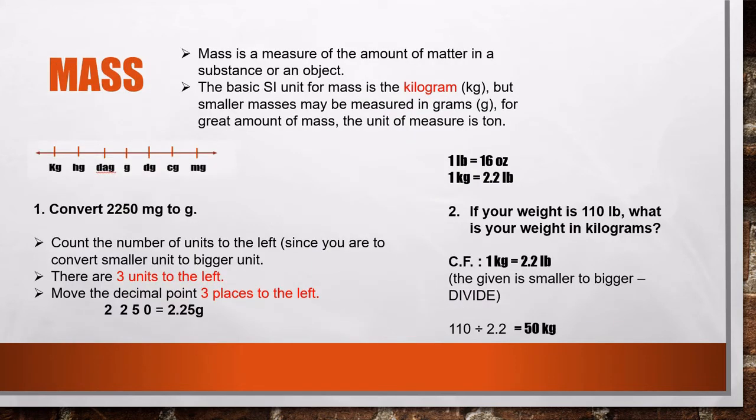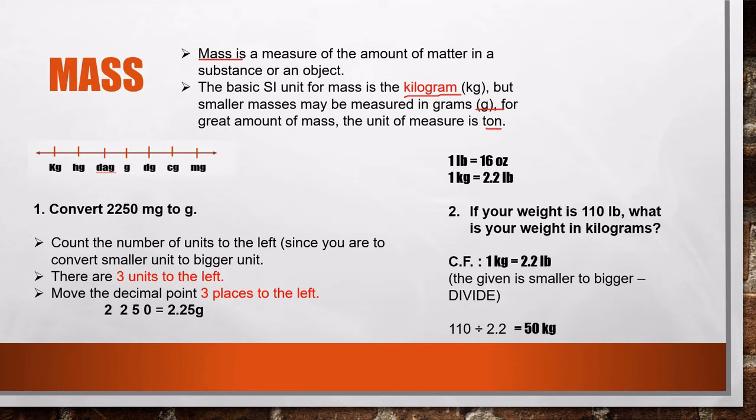Next is the measure of mass or weight. When we say mass, it is the measure of the amount of matter in a substance or an object. The basic unit for mass is kilogram, but smaller masses may be measured in grams. For a great amount of mass, the unit of measure is ton.